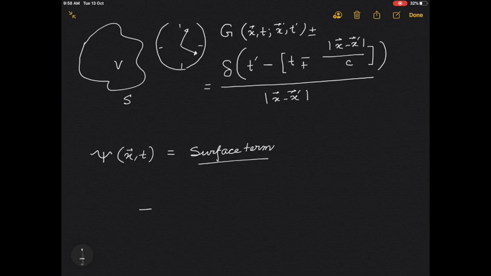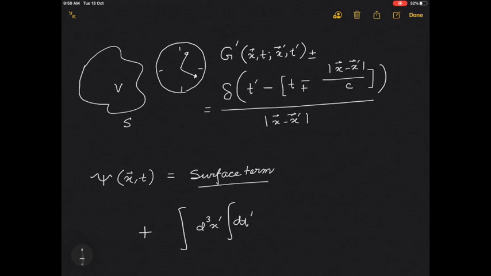You can assume that surface term to be 0, throwing the surface at infinity. But then I have plus this term, this is how I write the solution once I have got the Green's function. And what I am saying is that the Green's function is for a problem where my boundaries are at infinity.